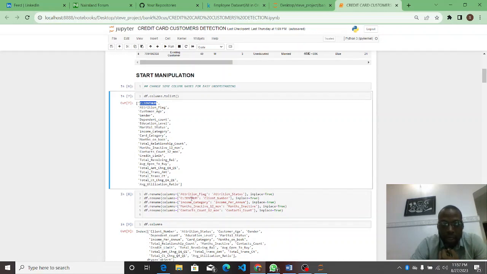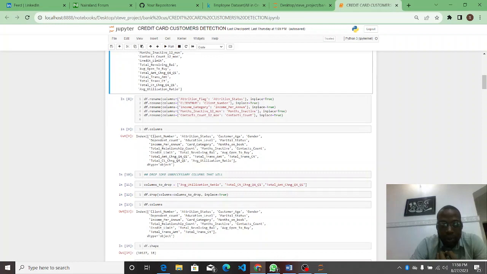So the first thing I did was to change it to a proper title, and then give it the normal capitalization and everything. And also I changed the name of some columns for more clarity. And then after, if we check the new columns now, we can see that everything is in place now.